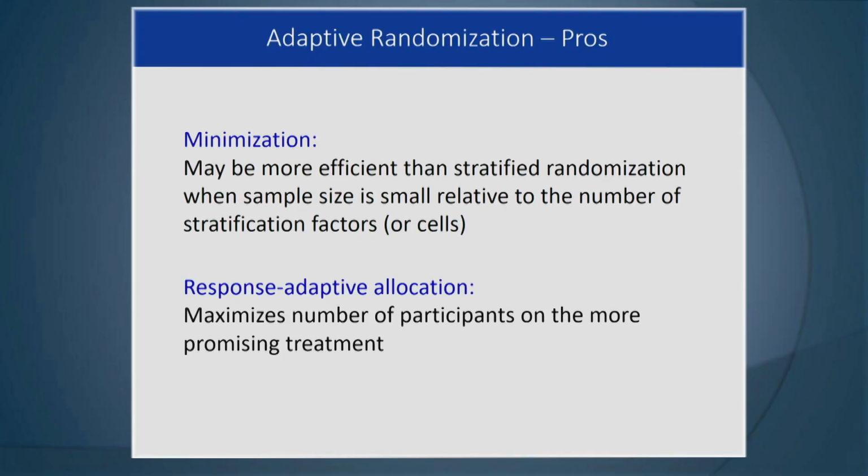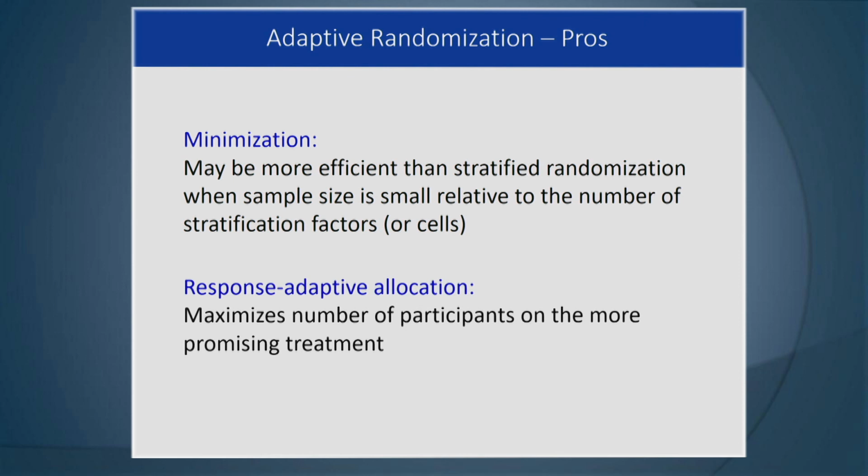The research on adaptive randomization is still going on, and it does change. Response adaptive allocation maximizes the number of participants on the more promising treatment, because when I see that people are responding well to this treatment, I want to increase the probability of sending people to that treatment, which is better.